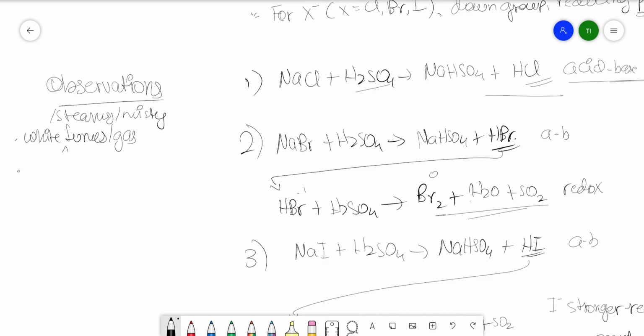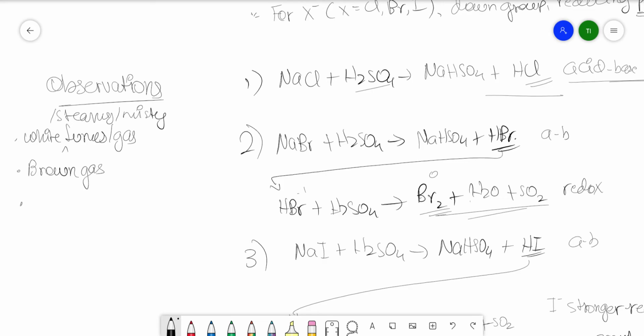And for HBr, again it's white fumes, but because HBr is readily oxidized by H2SO4, what you would observe in this case is brown gas, because Br2 is given off as a brown gas.